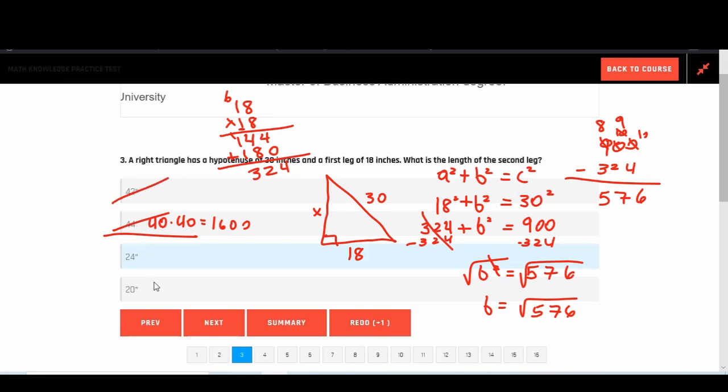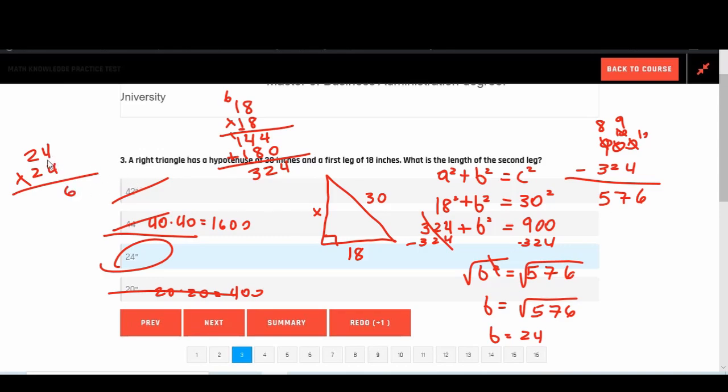So that means this one's too big. 20 times 20 is 400, so I know this one's too small. Therefore, the only logical answer choice is 24.